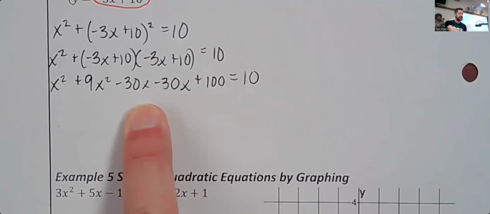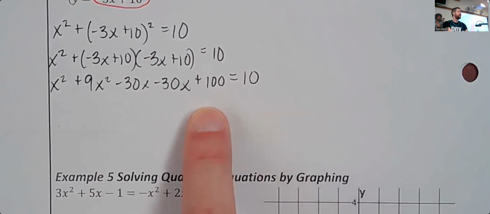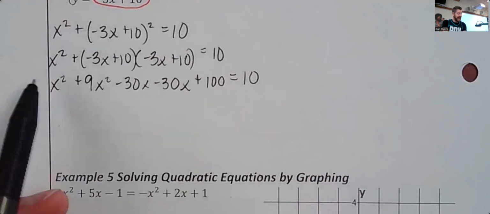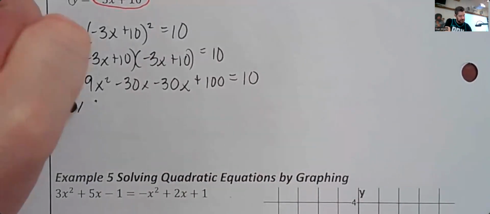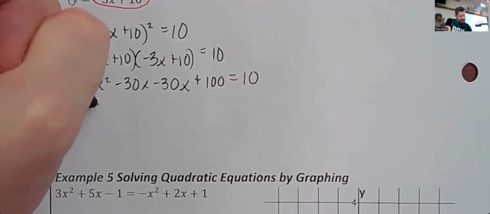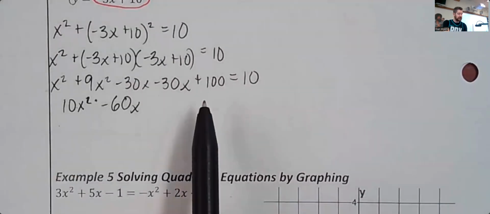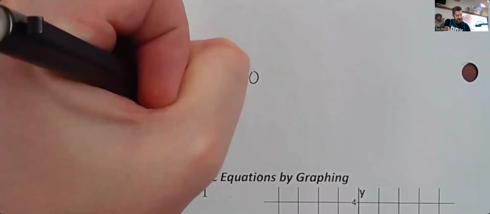I'm also going to subtract the 10 from both sides in this next step to make that 90, because we need the whole thing equal to 0 in order to solve for x. I'm also going to add the x squared and the 9x squared. So a few things are going to happen between this line and the next one. x squared plus 9x squared is 10x squared. Negative 30x minus 30x would be minus 60x. And then over here, we can subtract 10 from both sides, so that'll be plus 90 equals 0.